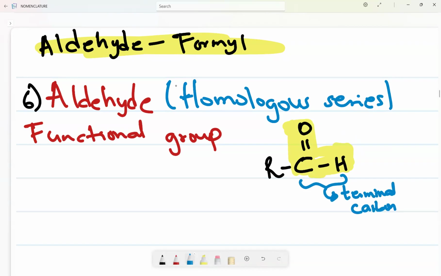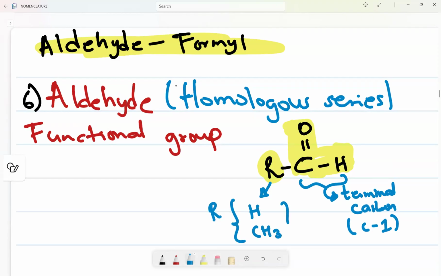The question is, what is terminal carbon? Terminal carbon is carbon number 1. It is always on the first carbon. Whereas R can be either a hydrogen or an alkyl group. That is what we mean by the functional group.